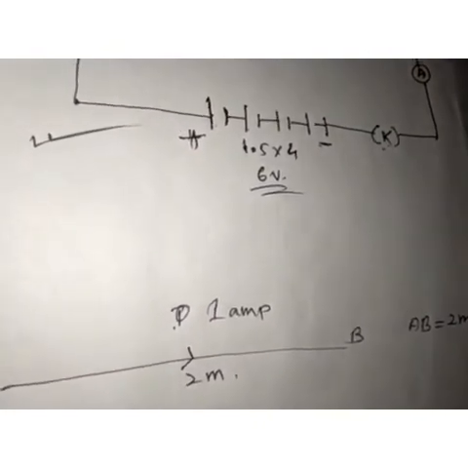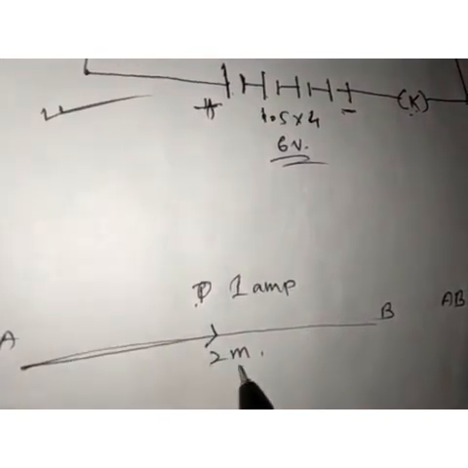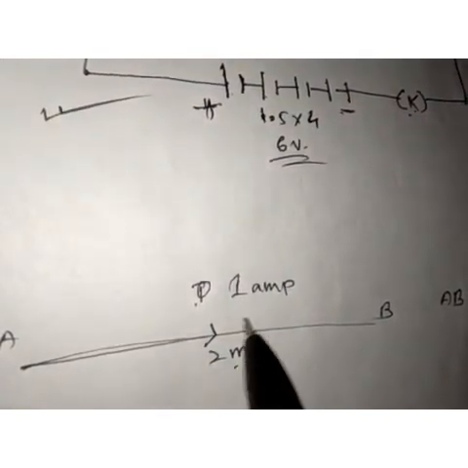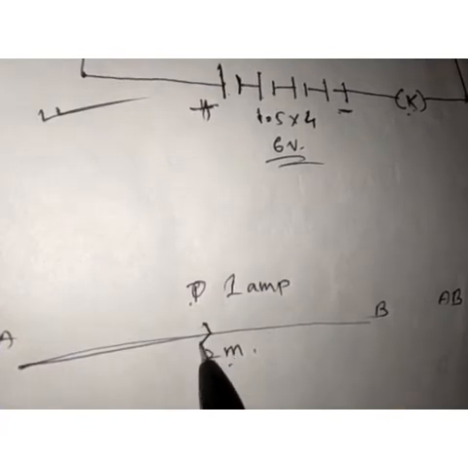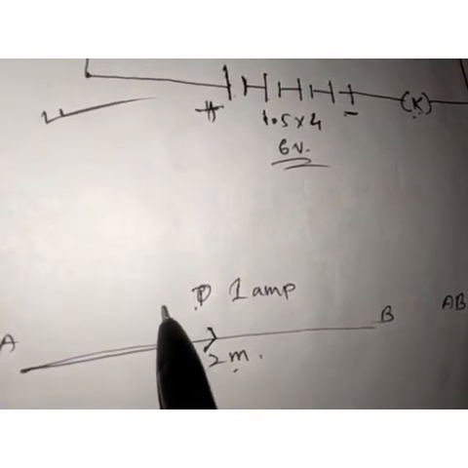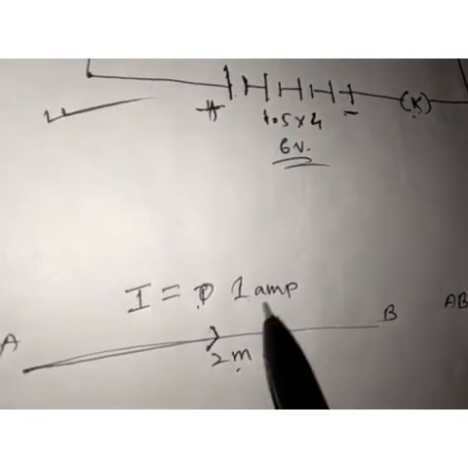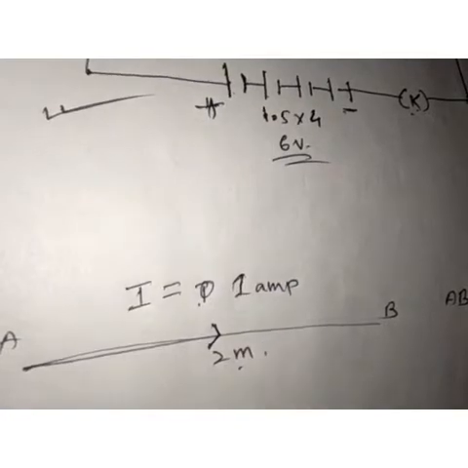Okay, look, AB is a conductor of length 2 meter, and through this wire, means through this conductor, current 1 ampere is passing.